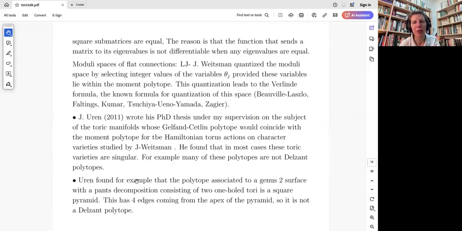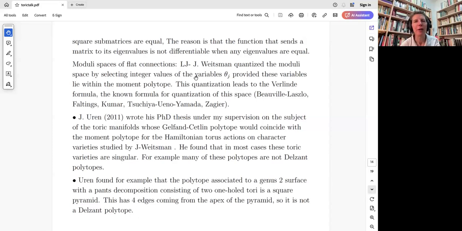He found, for example, that the polytope associated to a genus 2 surface with a pair of pants decomposition consisting of two one-holed tori that are glued together along the two boundaries is a square pyramid. So this has 4 edges coming from the apex of the pyramid. So it is not a simple polytope, not a Delzant polytope.